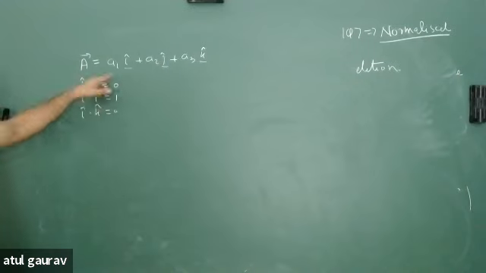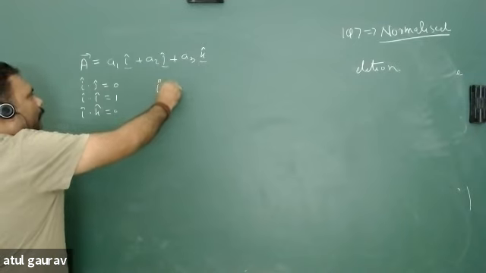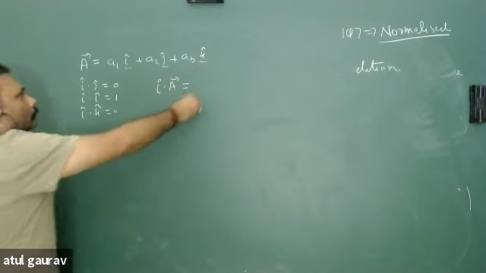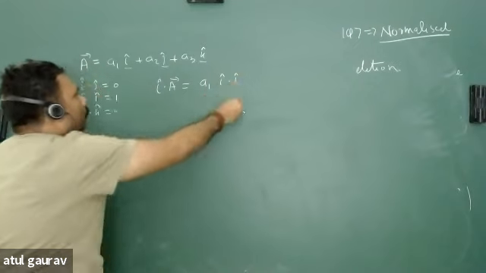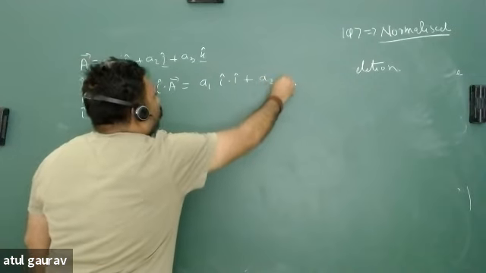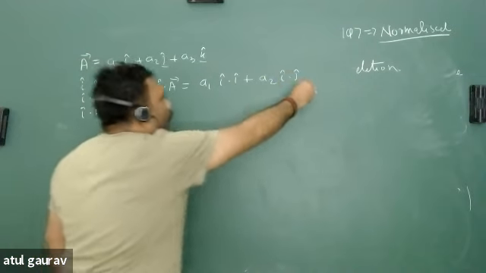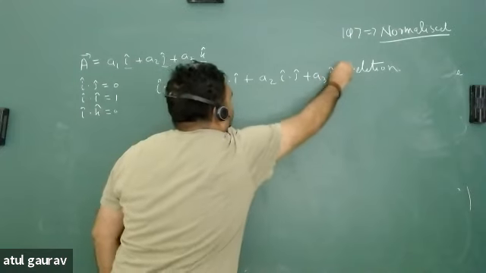Now, if I ask you, what is the value of A1? How can you determine the value of A1? You will just take the dot product of i with A. What will you get? A1 i dot i plus A2 i dot j plus A3 i dot k.